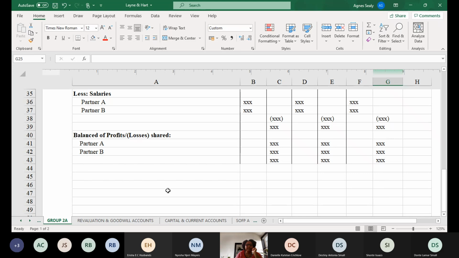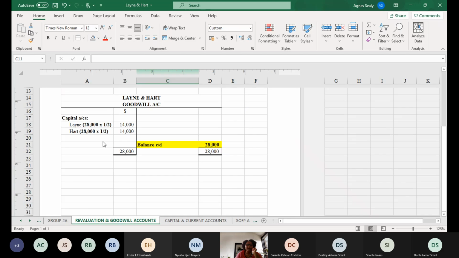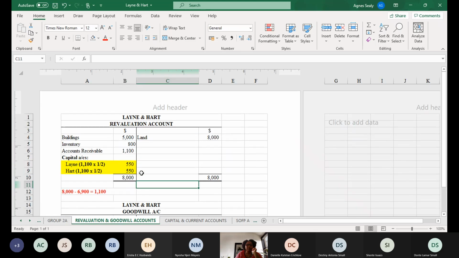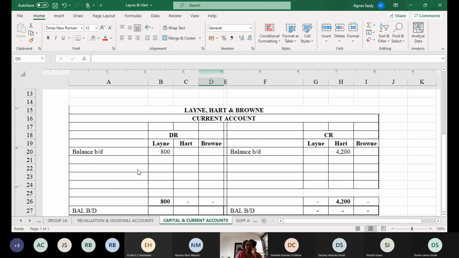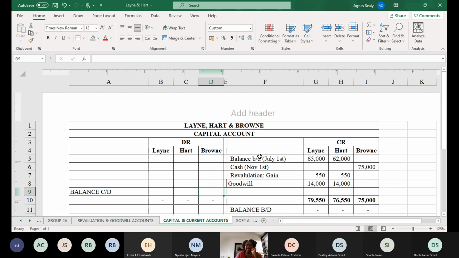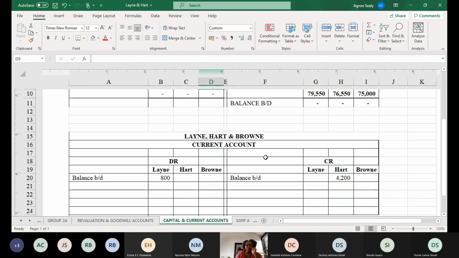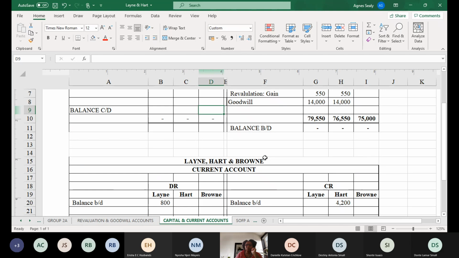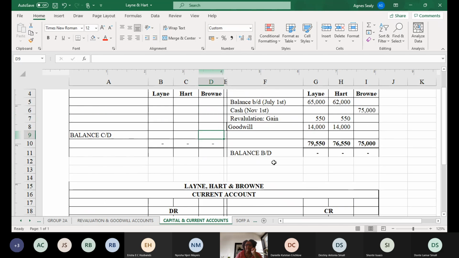We would have completed the revaluation and the goodwill accounts, and we would have started the capital account and the current account for Layne, Hart, and Brown. So now we have to continue.